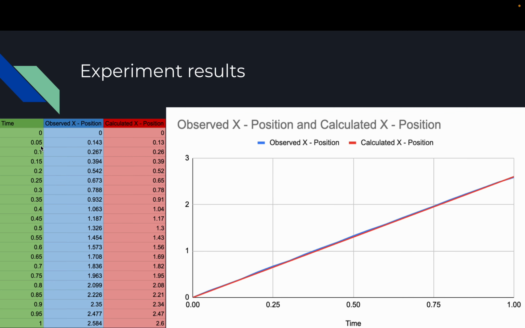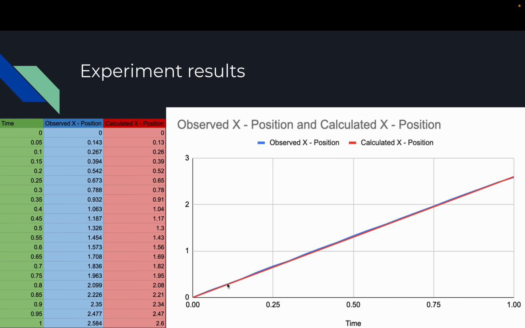And here we see every observed position compared to the calculated position in GlowScript. There is very little difference between observed and calculated, which means it was a pretty good experiment.